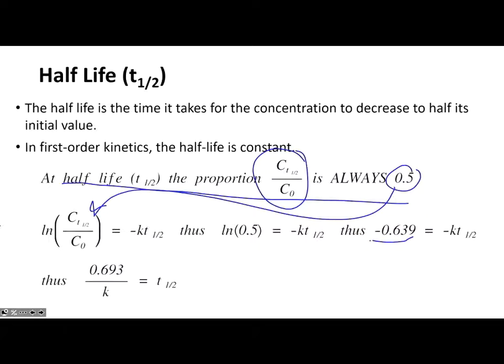Going back to the formula, you can say that T1/2, or the half-life, is equal to 0.693 divided by K. Why is that important? What do we need to solve for a lot of the time? K. Now, if we can find the half-life, can we find K? Yes. And we can find half-life using our graphs.